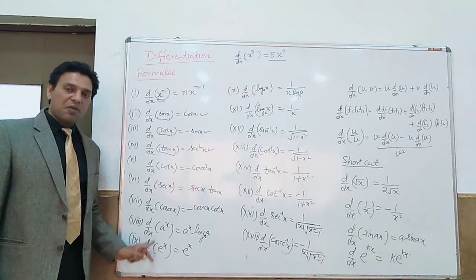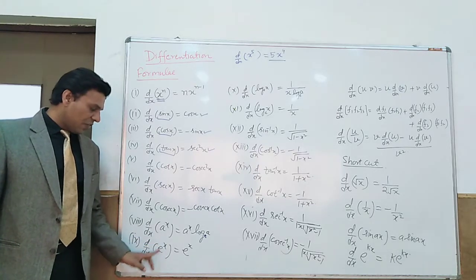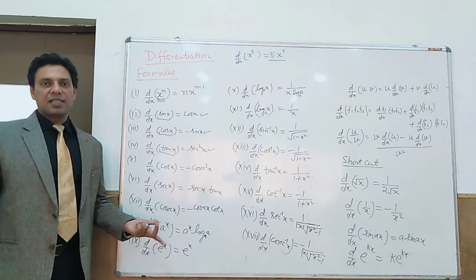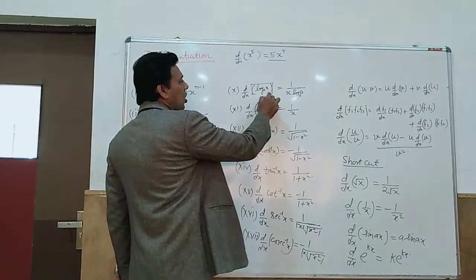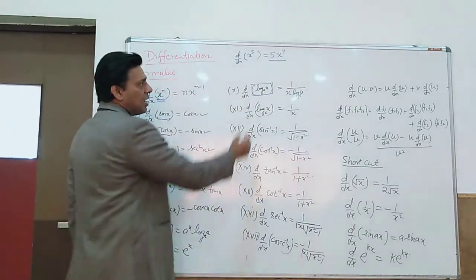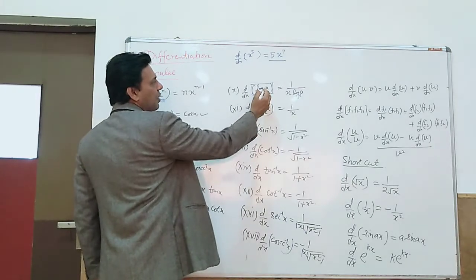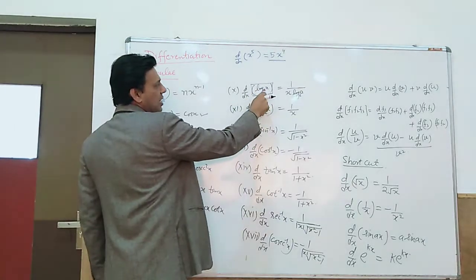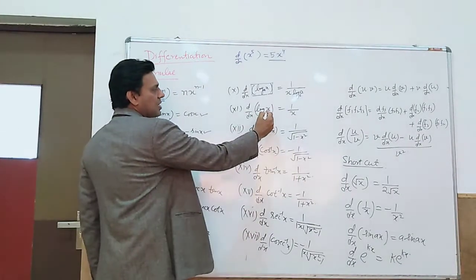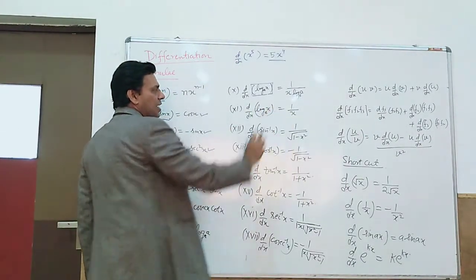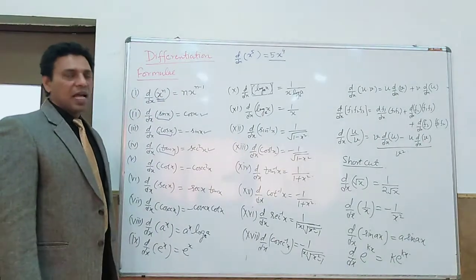It is also a type of exponential, and the differentiation of e to the power x is e to the power x. Simple. Now the differentiation of log to the base a of x, where a is any real number different from e. In case of a, the differential coefficient is this, but whenever the base is e, the differentiation of log x is simply 1 upon x.